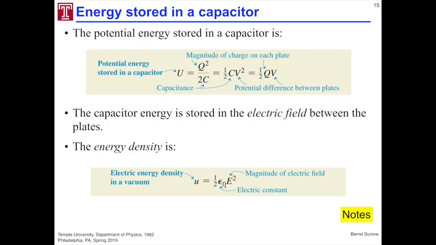This energy density, which I will calculate now for you, is a half epsilon naught, simply a constant, times the electrical field squared. That's what I want you to realize. The field squared is a measure of the energy density.